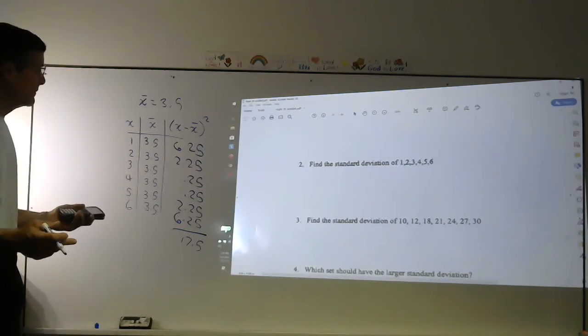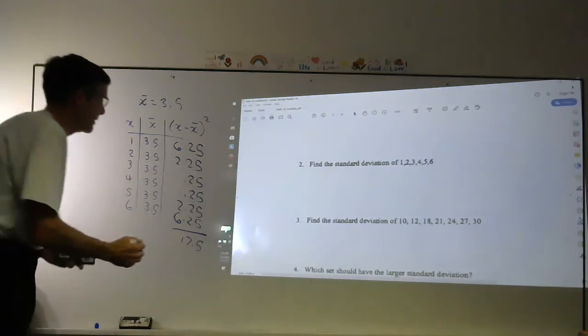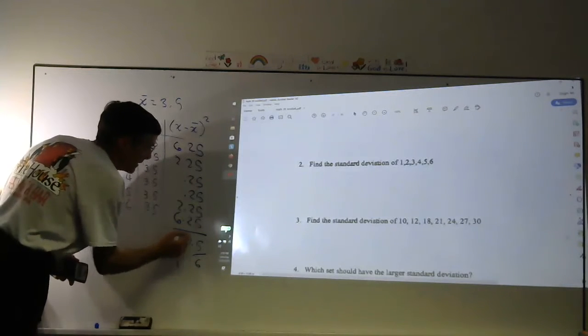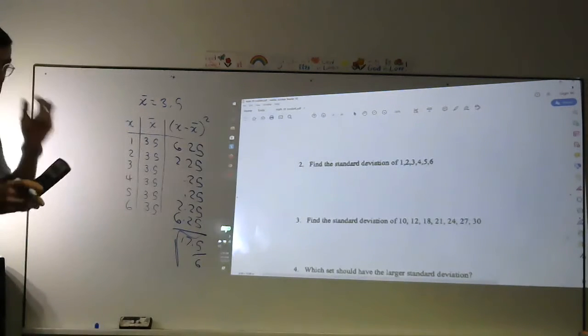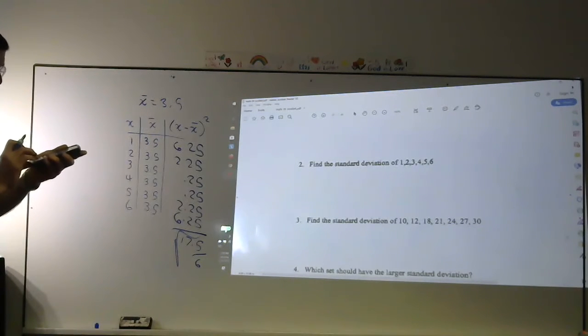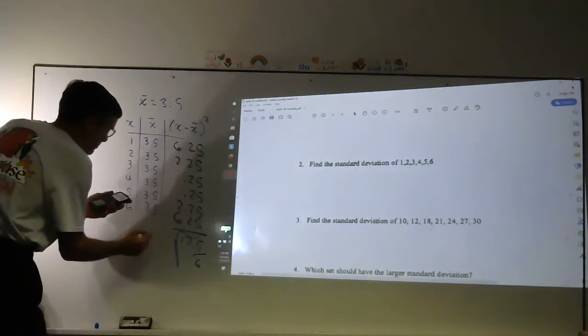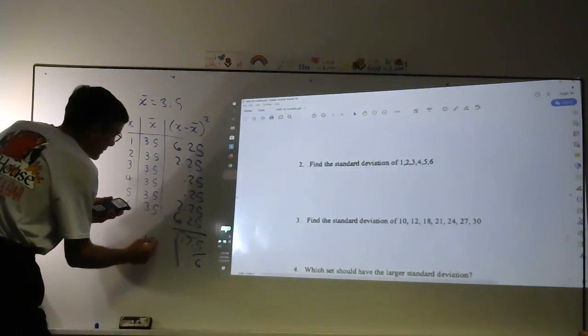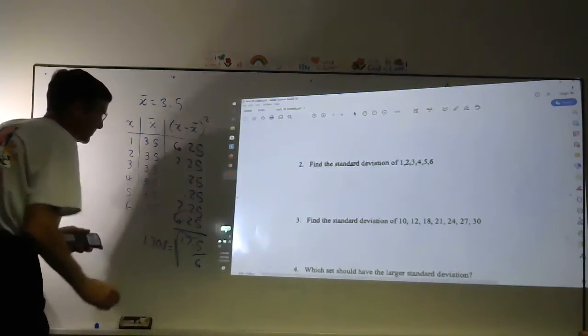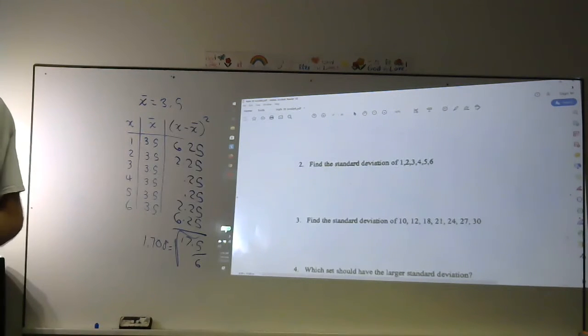All right, now we have to divide by how many data items? 6, and take the square root. Okay, so I'm going to divide by 6, equals, and take the square root, and I get 1.708 is the standard deviation for that particular set of data.